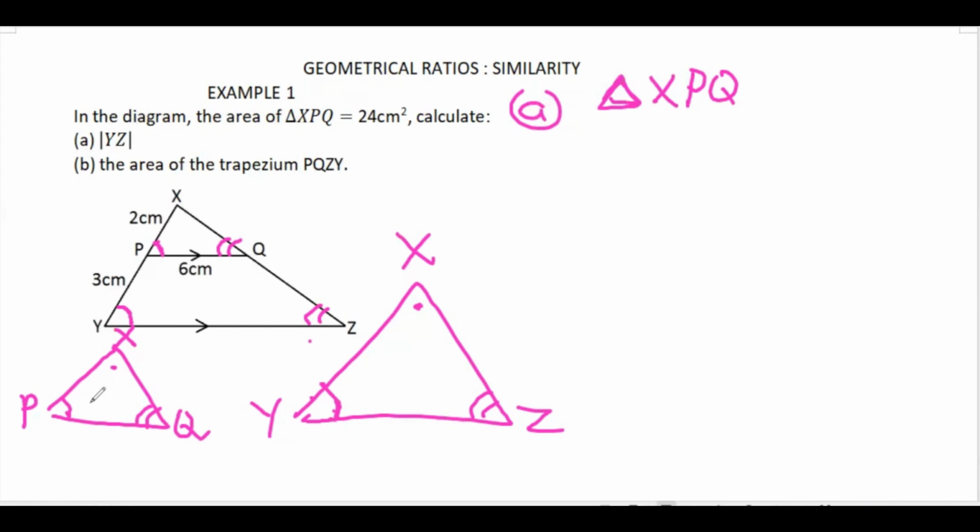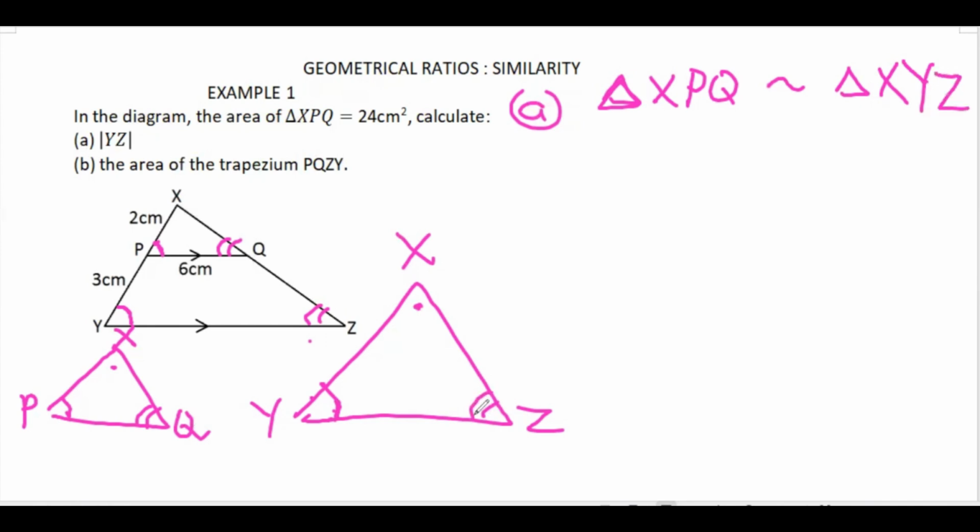So in this case, triangle XPQ is similar to triangle, in that case, X here, X here. In the second one, this P is corresponding to this Y. And this Q here is corresponding to Z. You can see their angles double marked.